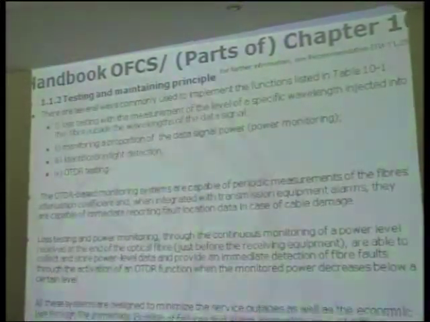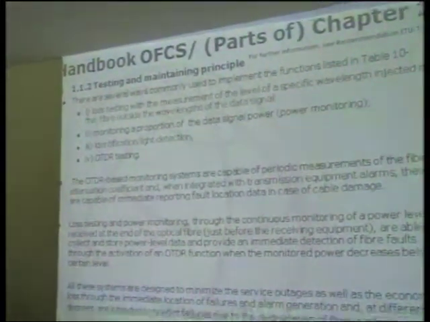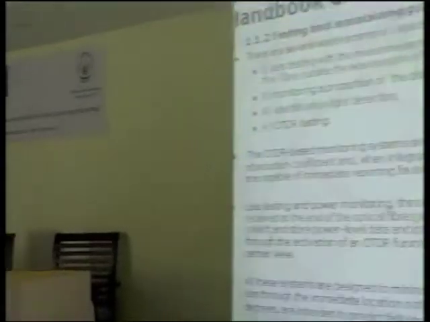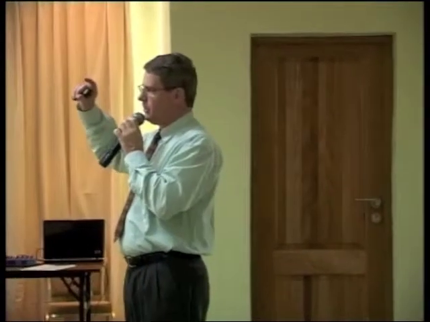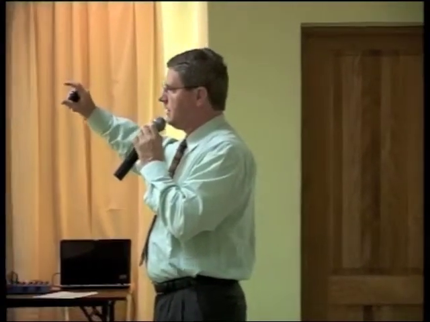This is important because the people involved with this network could establish the margin of attenuation in this link and follow what is happening, because it's usual for the attenuation to change during the lifetime of the cable, and it's caused by a lot of different situations. It's difficult to know what is happening there.